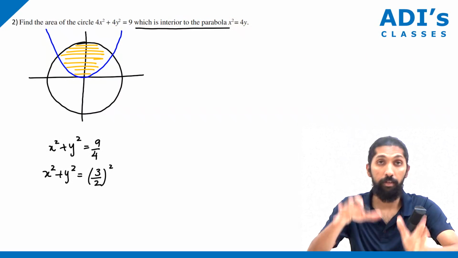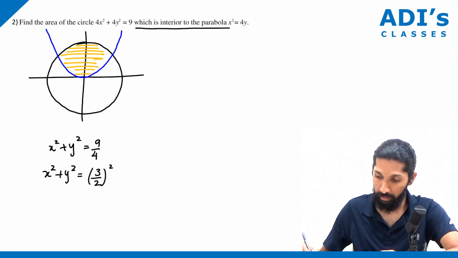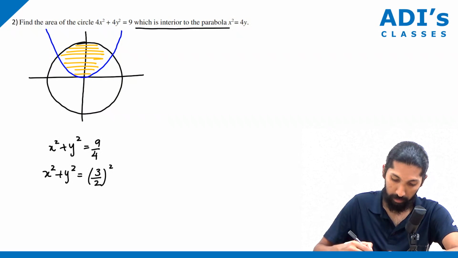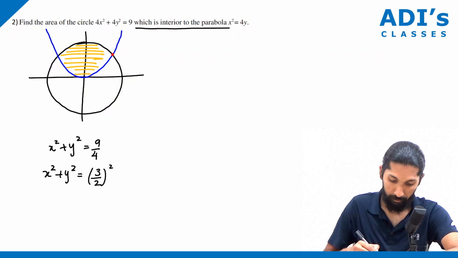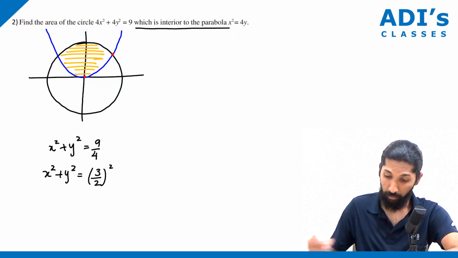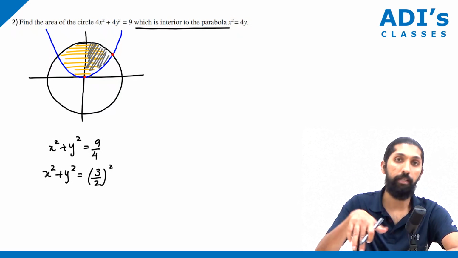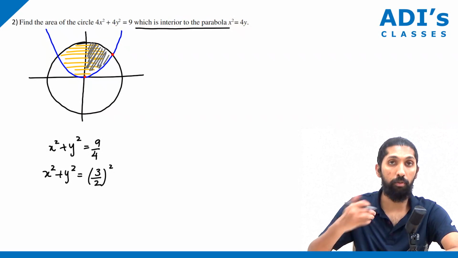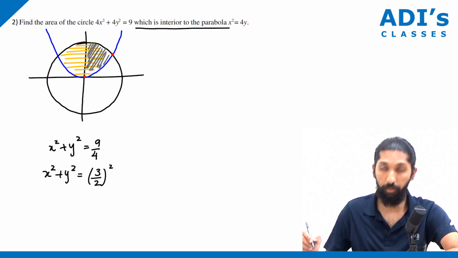Instead, we'll take one part of it and we double it. In the sense, this is one point, obviously, and we'll take this point. What we are doing is finding this area, and we double it. So that's going to give us the total area. Make sense? So this is what we are going to do now.